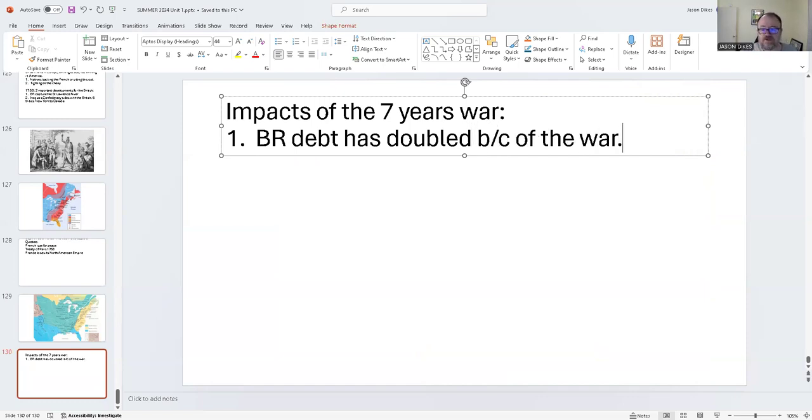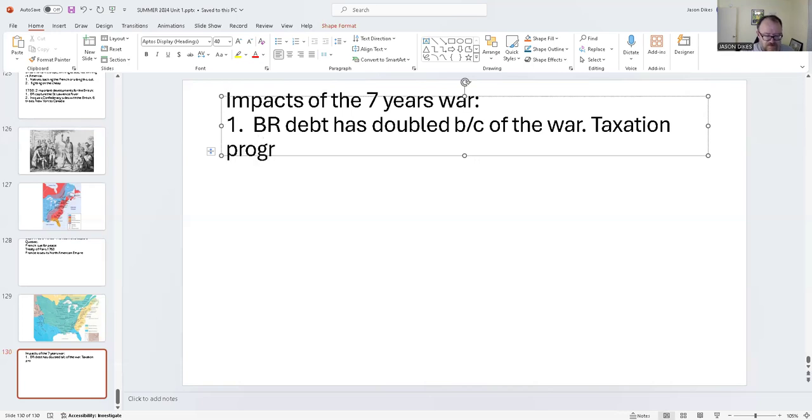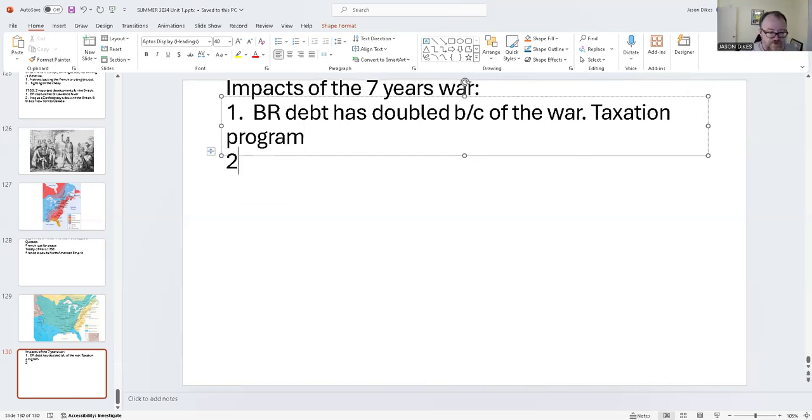And that is going to lead Britain to begin a new taxation program, which we'll look at in Unit 2. But Britain has some serious debts to pay off, and it is going to try and collect those debts from the Americans.